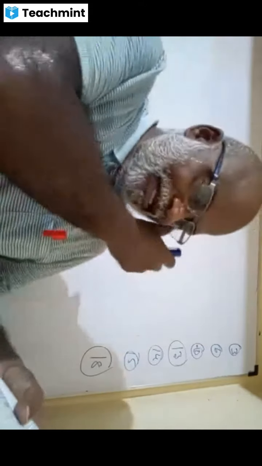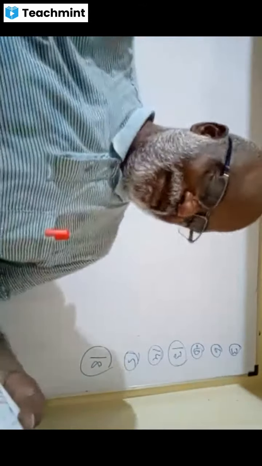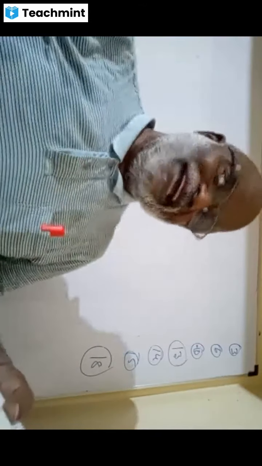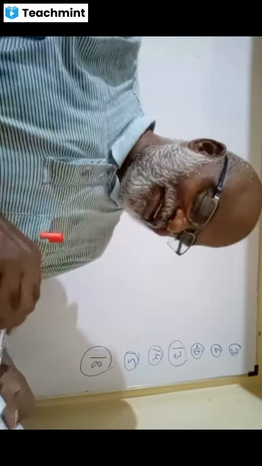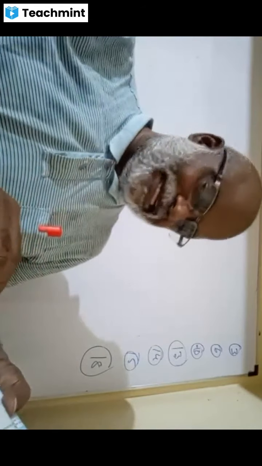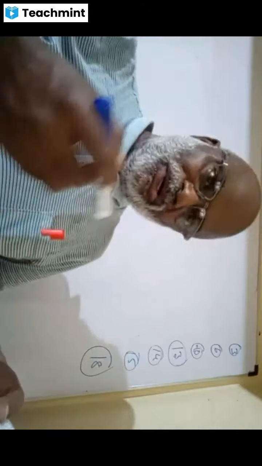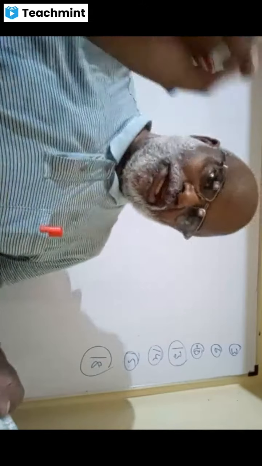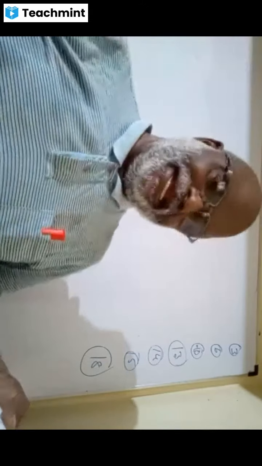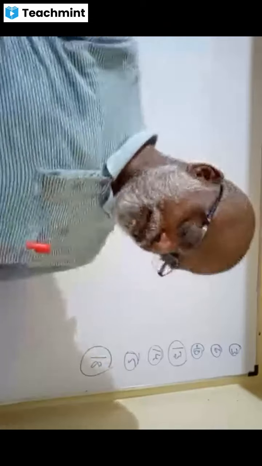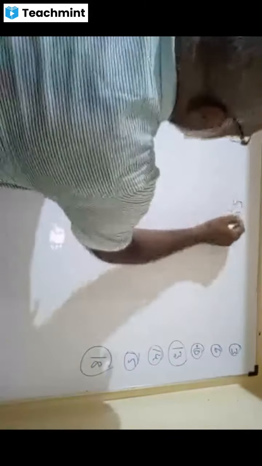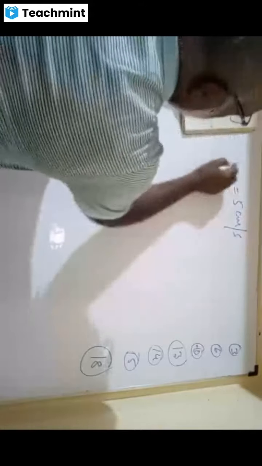Same question, third and fifth are the same, but here they have given it in a slightly application type way. In the third one they directly gave dr by dt as 3 centimeters per second. A stone is dropped into the quiet lake and the waves will move in what shape? Circle only. Speed is nothing but 5 centimeters per second.